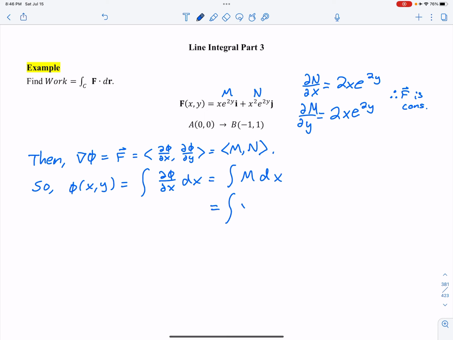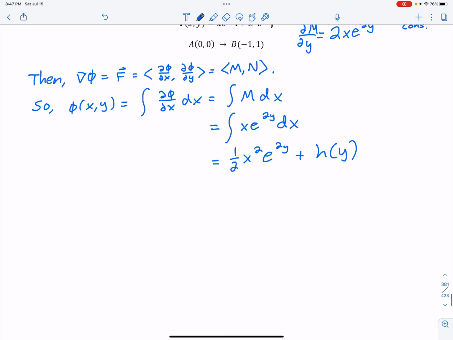Putting an M there, we got the integral of x e to the 2y dx. Right, and then we're going to take this integral, 1/2 x squared e to the 2y, plus an h of y, because we could have had a y constant in our phi. Taking the derivative with respect to x would have gotten rid of that.